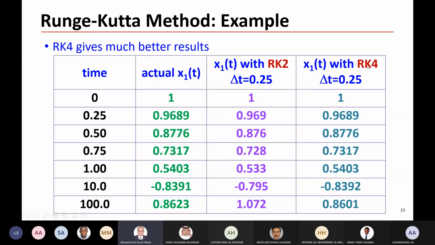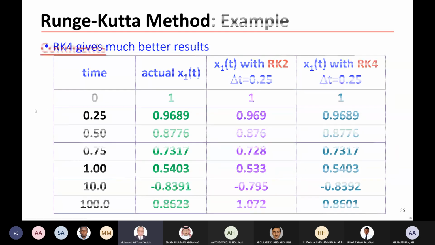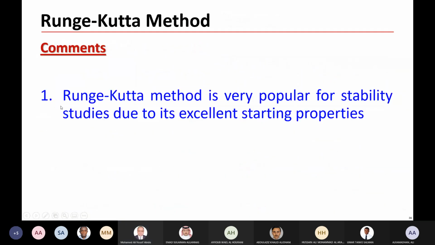But if you use the 4th order Runge-Kutta method, even with delta t equal to 0.25, you end up with a very close solution, 0.86, and we have here 0.86 as well, minus 0.839, minus 0.839. So the 4th order Runge-Kutta method gives you better results, definitely.